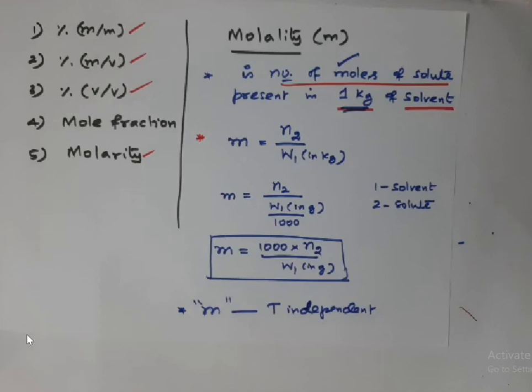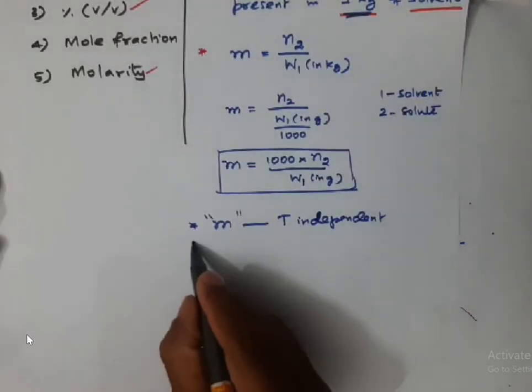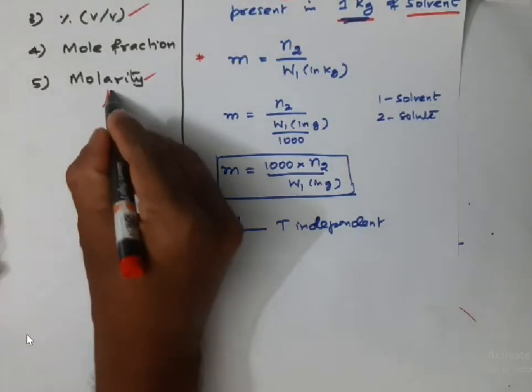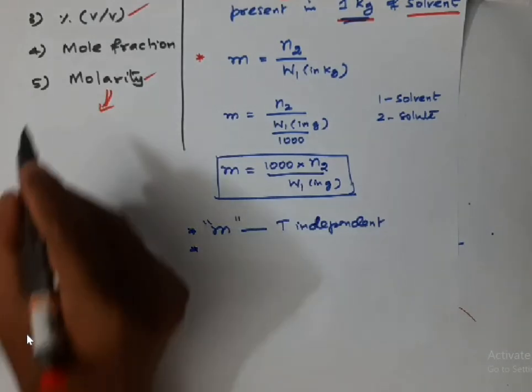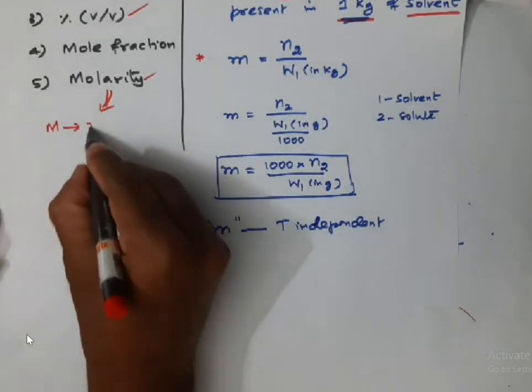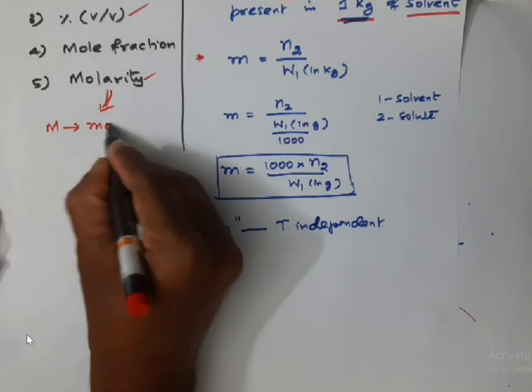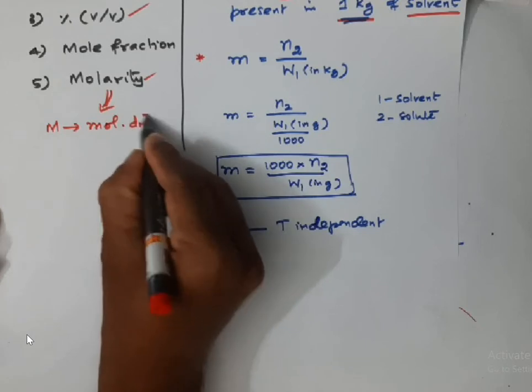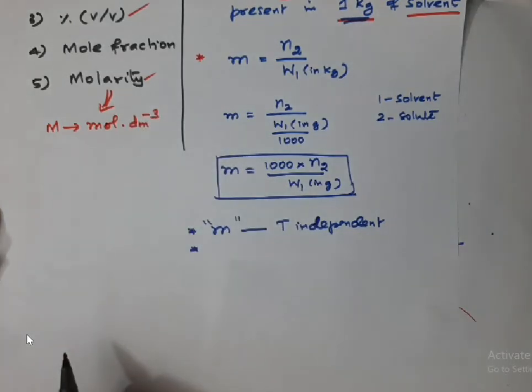Molality is a temperature independent concentration term. And what is the unit of molality? Remember, in the last class I told you the unit of molarity is mole per liter or mole per decimeter cube.